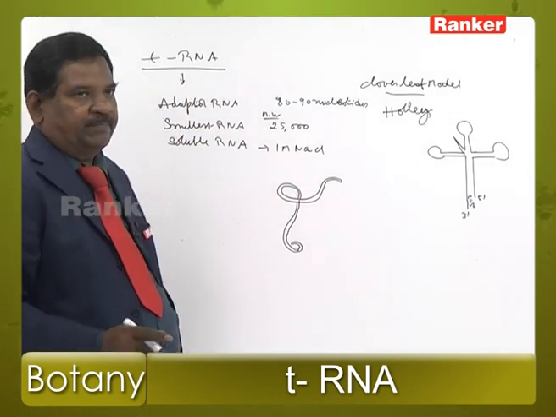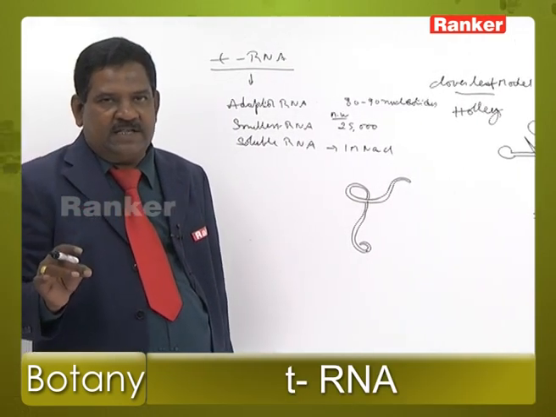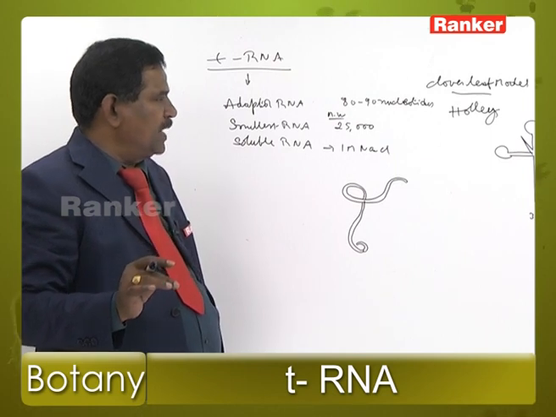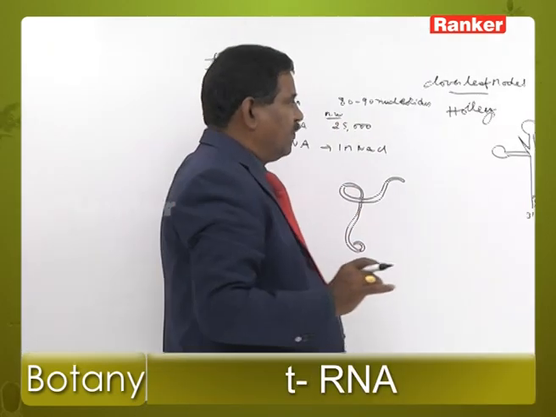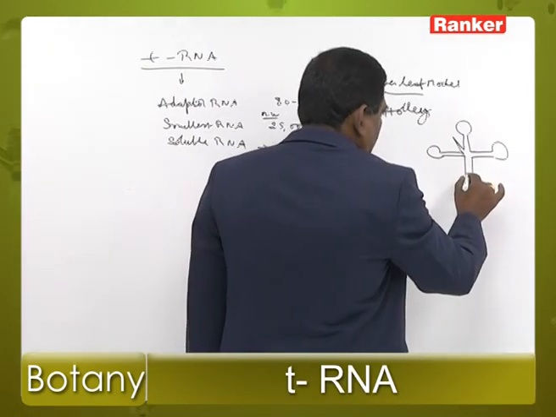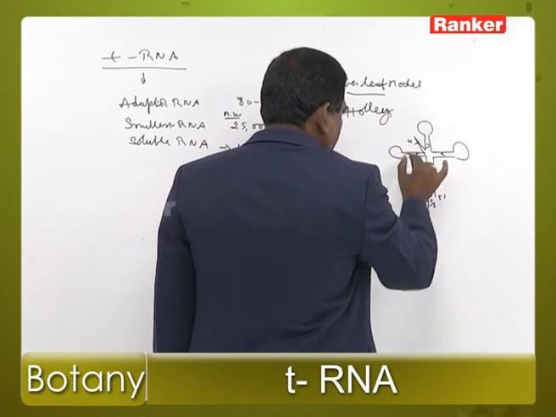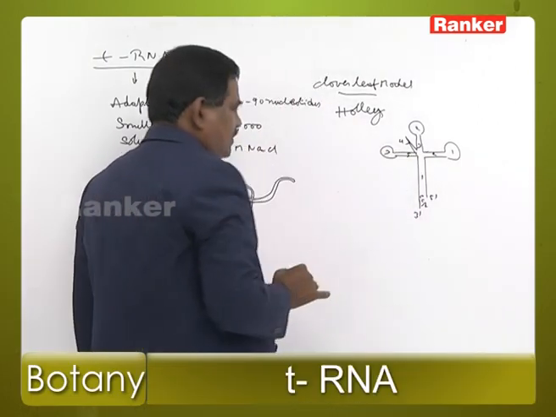According to this clover leaf model, 5 arms, 1, 2, 3, 4, 5 arms, and 3 loops, 1, 2, 3 loops are present.